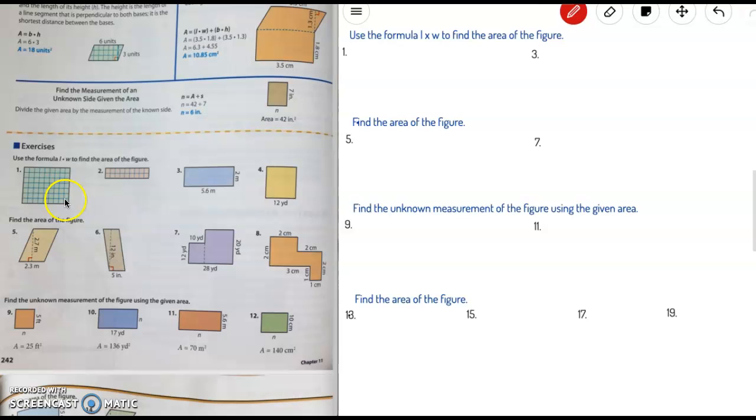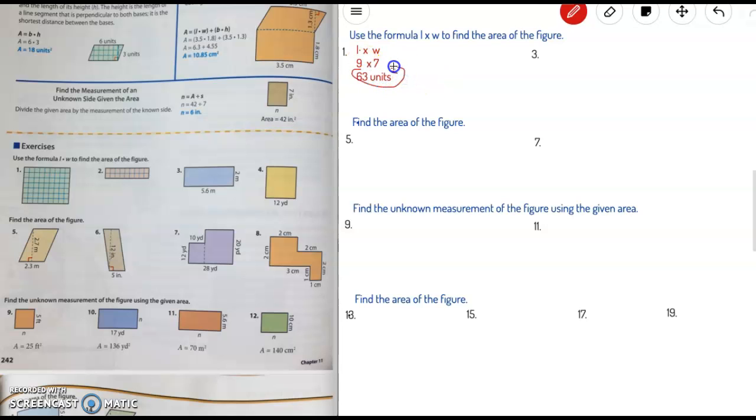Okay, so 9 is the length, times width. 1, 2, 3, 4, 5, 6, 7. 9 times 7 gives us 63. And if it doesn't give you the units, you're going to just write units. And of course, units squared.